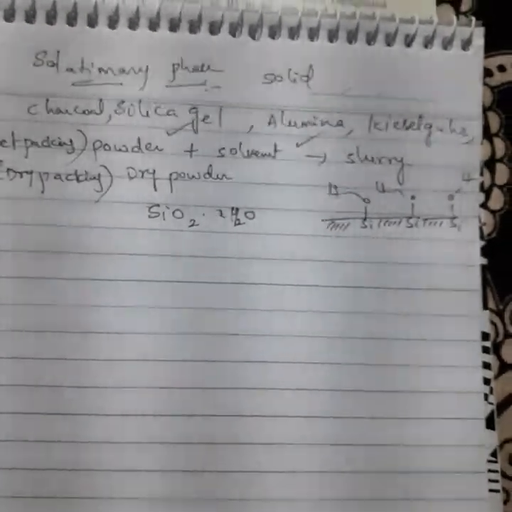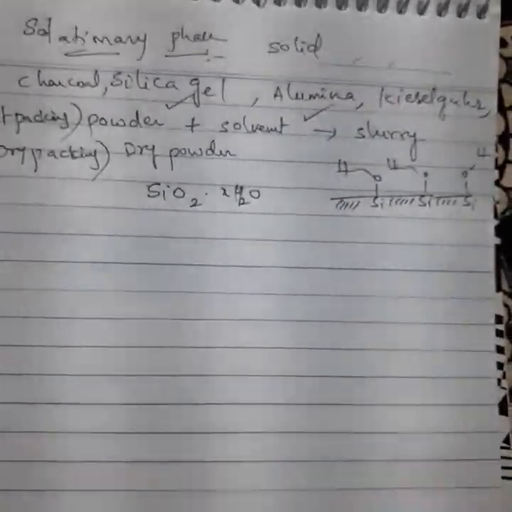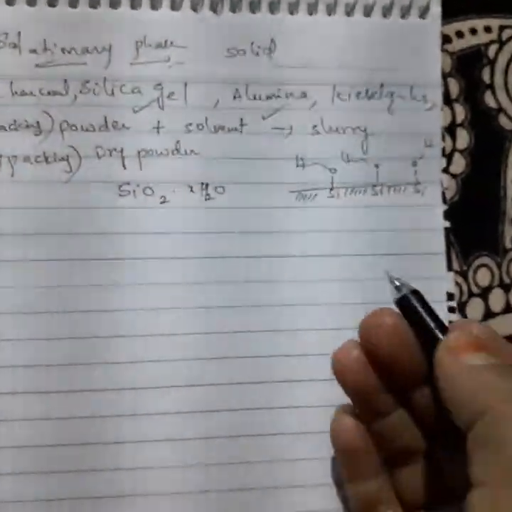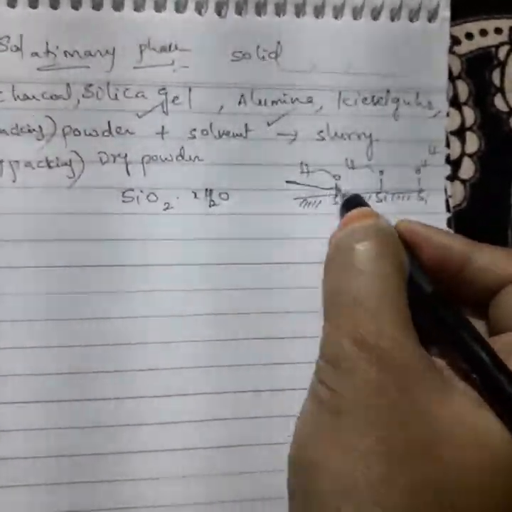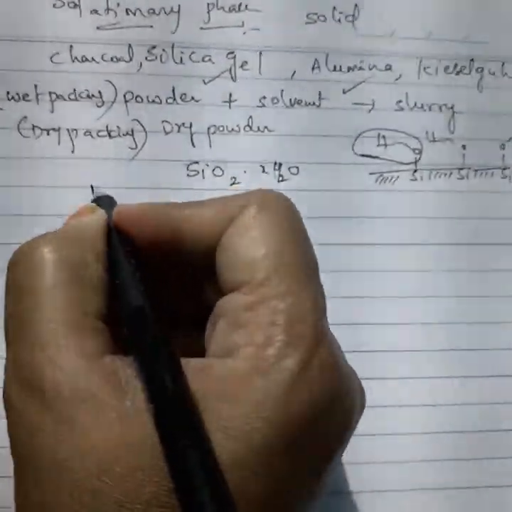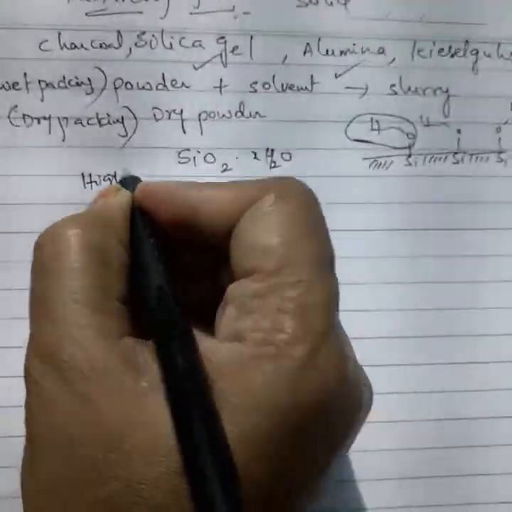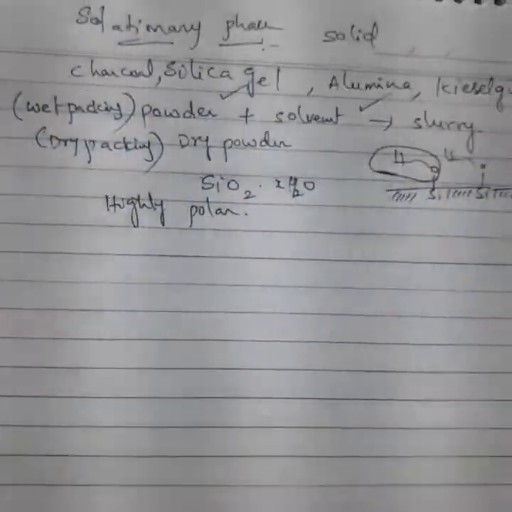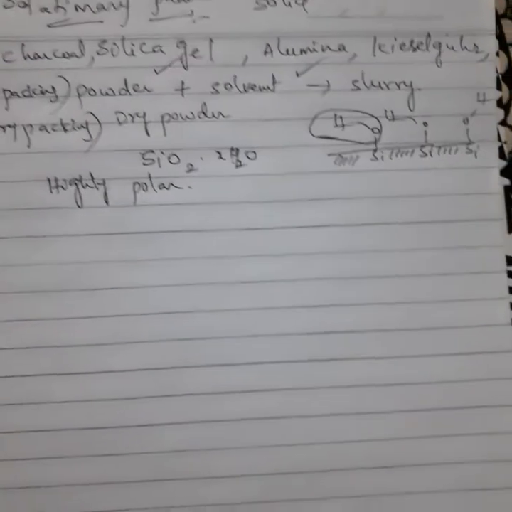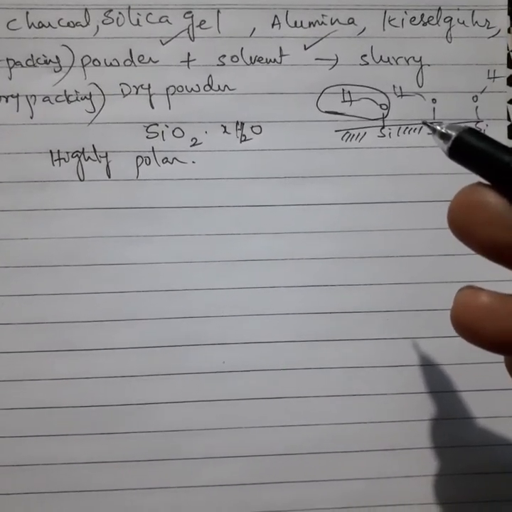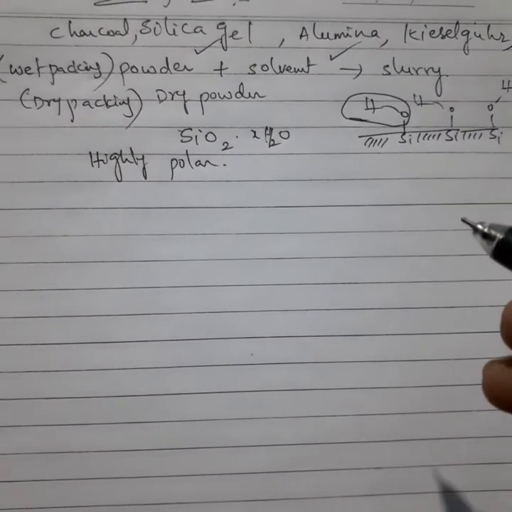So SiO2 along with H2O. Because of the presence of these hydroxyl groups, this silica gel is highly polar in nature.